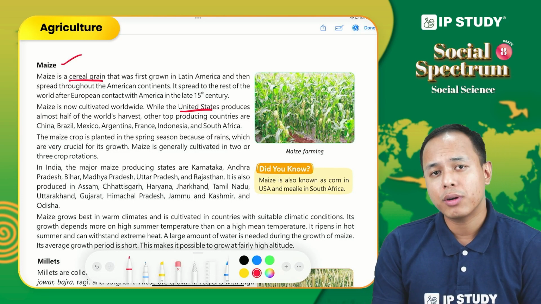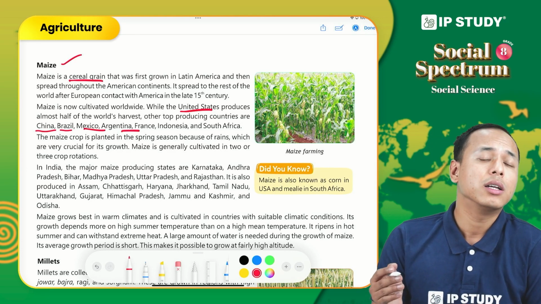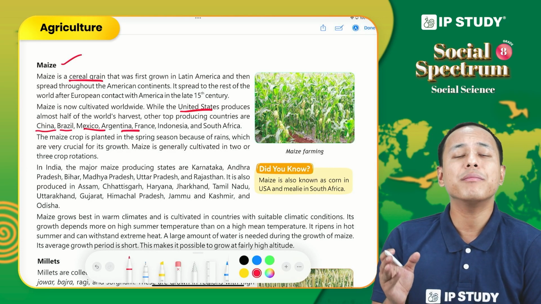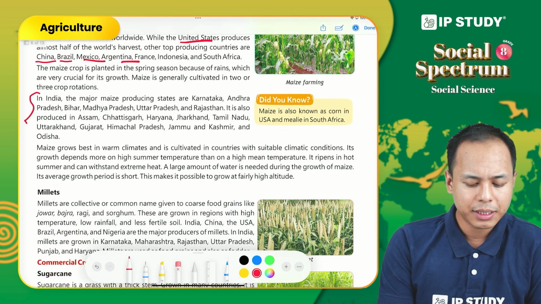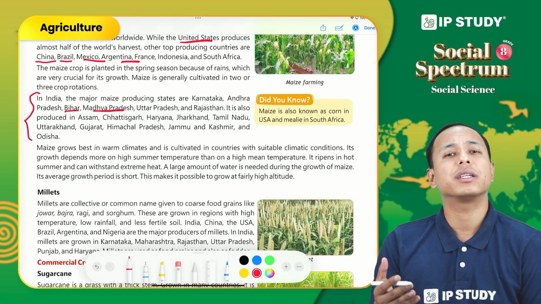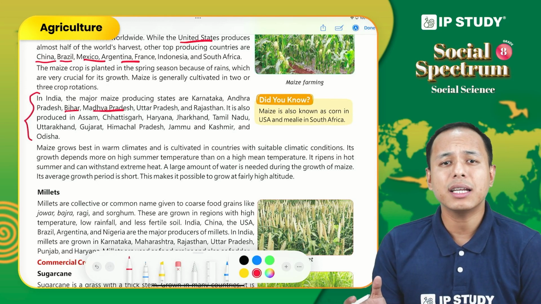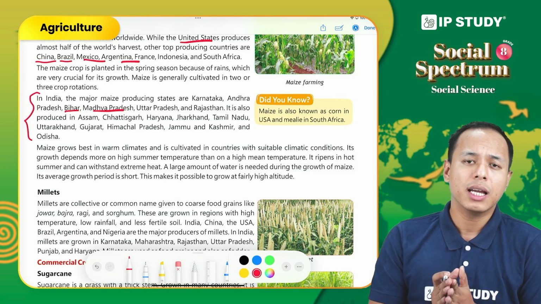So apart from the United States, China, Brazil, Mexico, Argentina, France, Indonesia, South Africa, these are the important maize producing countries. In India, typically Karnataka, Andhra Pradesh, Bihar, Madhya Pradesh, Uttar Pradesh, Rajasthan and other different states, maize is cultivated. So maize is cultivated in different parts of the country.